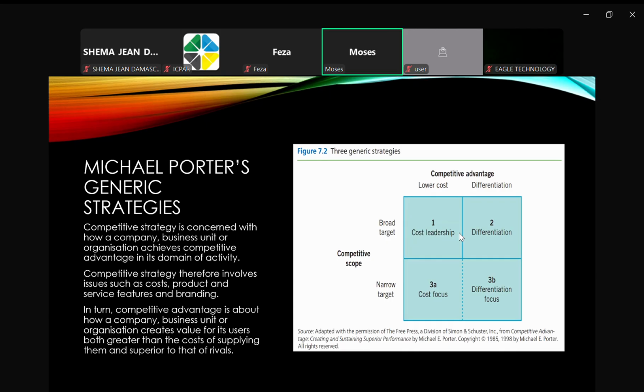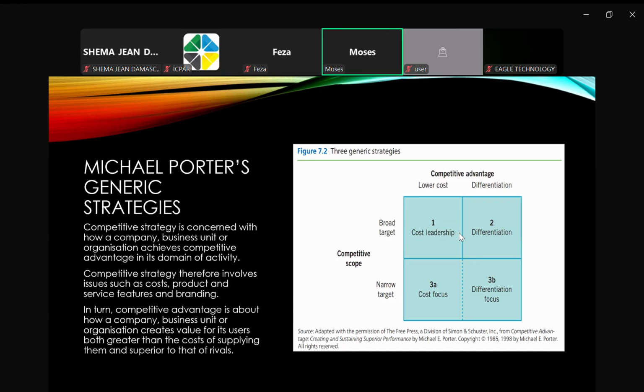Michael Porter developed this model that has 3 or 4 strategies: cost leadership, differentiation, focus, and there is another one we usually call hybrid. Hybrid businesses are usually a combination of these, the cost leadership and differentiation.